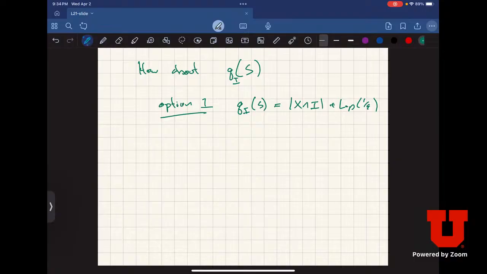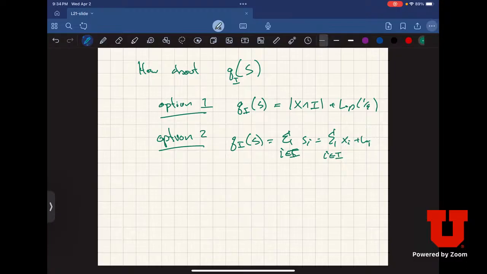So option 2 is to have the query I of S be the sum over i in the interval of these Si, where each Si is the sum over i of each Xi plus the Laplacian noise here.